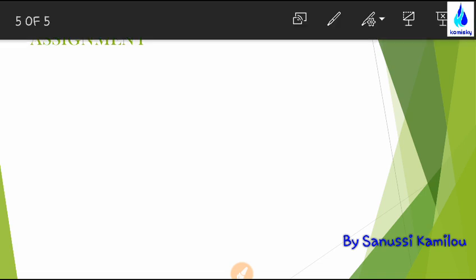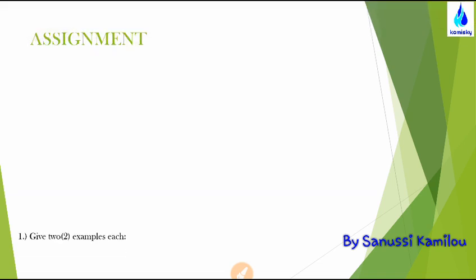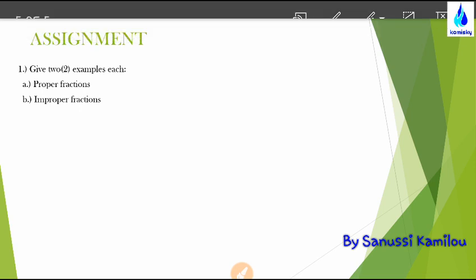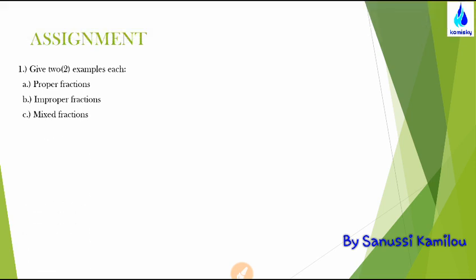Now let's look at the assignment quickly. This is our assignment number 1. Question number 1 is saying that we should give 2 examples each for A, proper fractions, B, improper fractions, and C, mixed fractions.